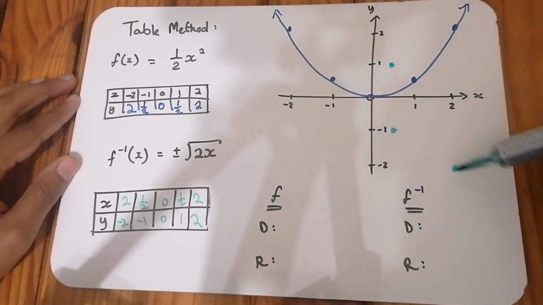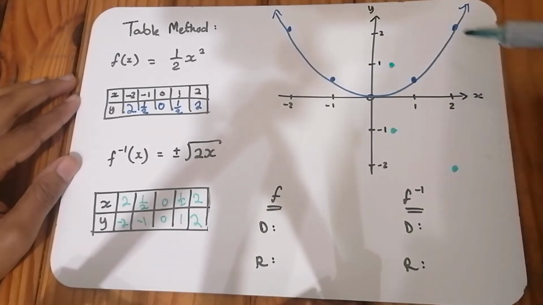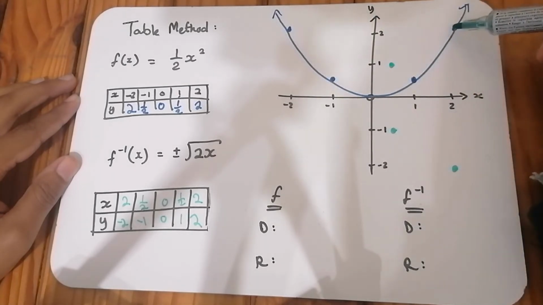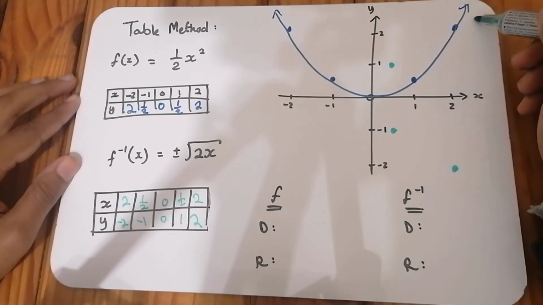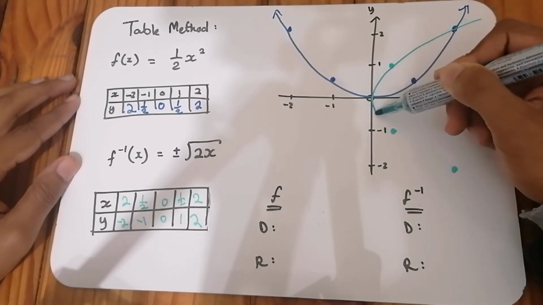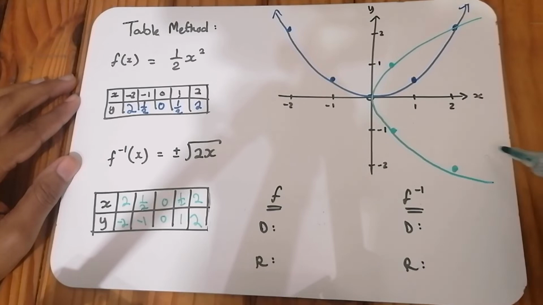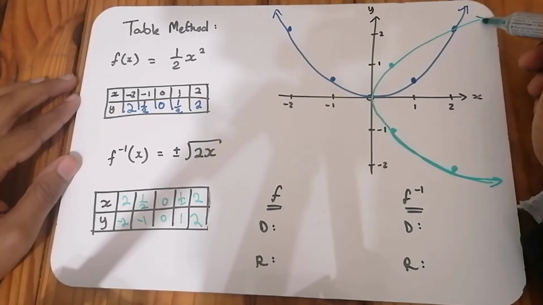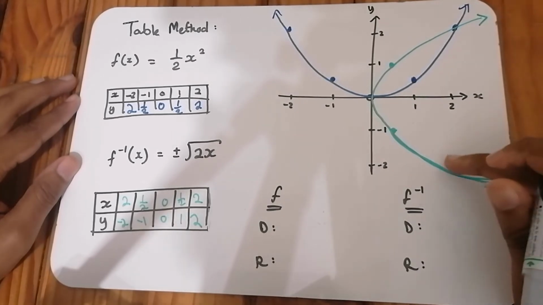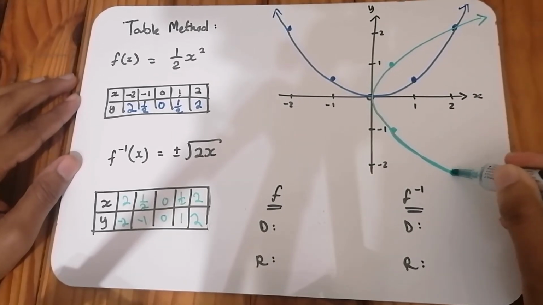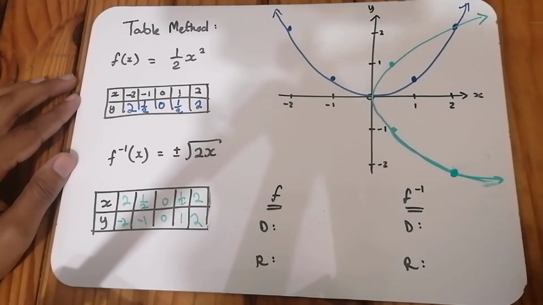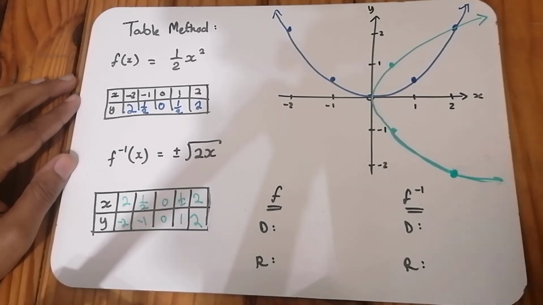And then where x is 2, y is +2. So it's at the same point here. Okay, so we'll just draw another parabola, but this one is sideways, so it's the inverse of a parabola. This is not the normal parabola. Okay, our graph should go through all the points that we've plotted.